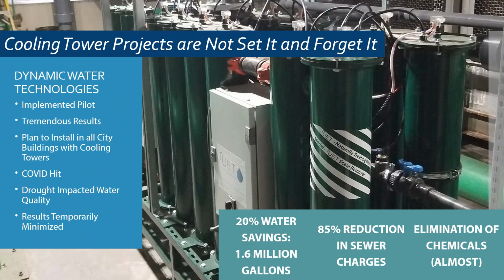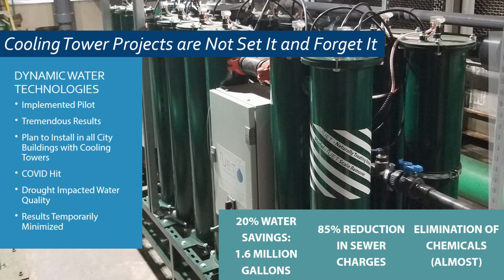Next slide. Dynamic Water Technologies is an electrochemical water treatment. It basically uses partial electrolysis to change the chemistry of the water so that you can actually increase the cycles of concentration. We implemented the pilot over a period of a few months and saw tremendous results. The first year: 20% water savings, 1.6 million gallons, 85% reduction in sewer costs, $34,000 reduction in utilities, water, sewer, as well as chemicals.